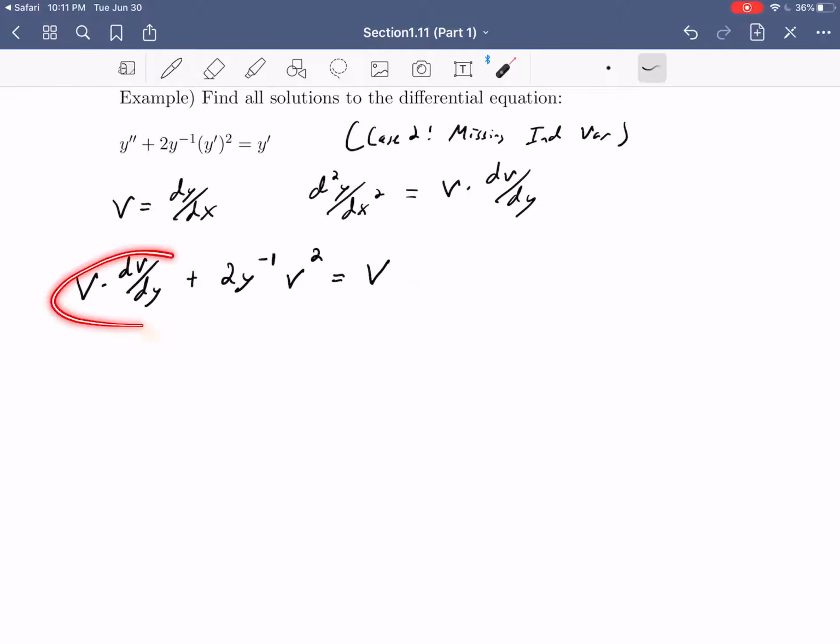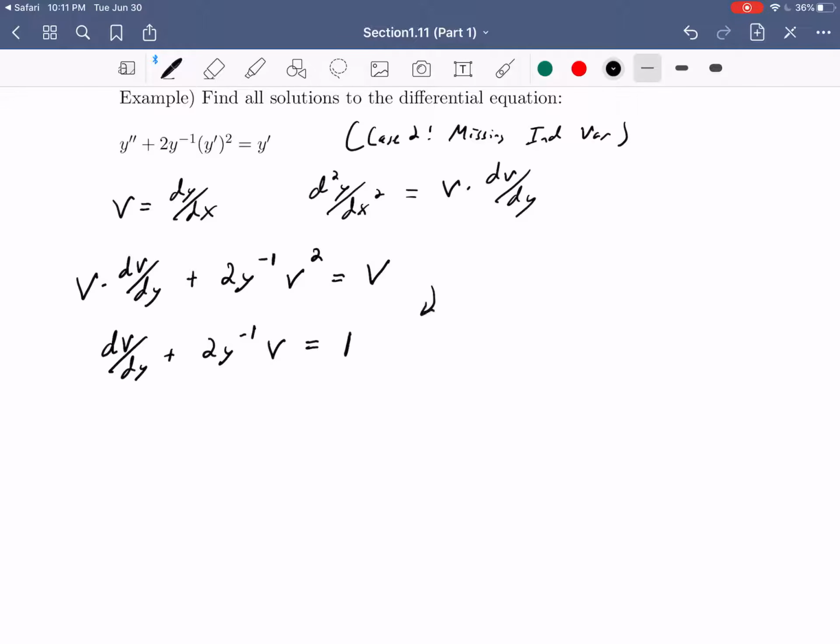So first thing we could maybe notice here is that there's v's in each term. So let's divide by v and get dv/dy plus 2y to the minus 1 v is equal to 1. Of course, we'll have to be a little bit careful. We'll have to go back and consider that that's when v is not equal to 0.